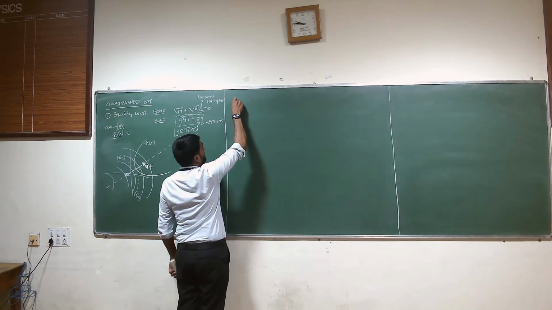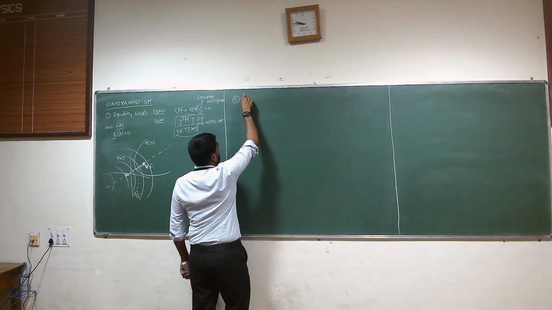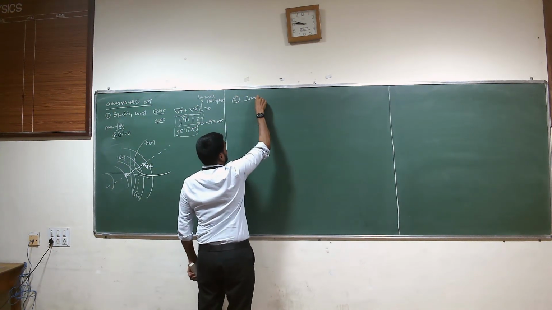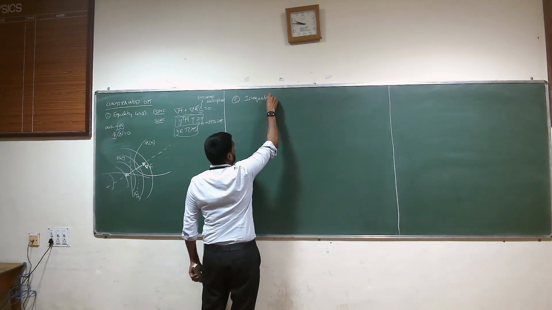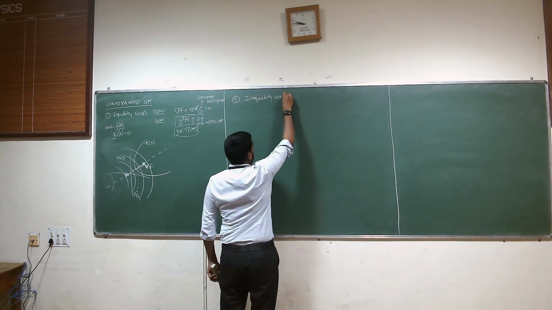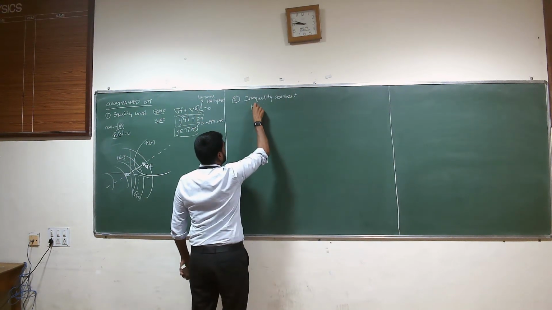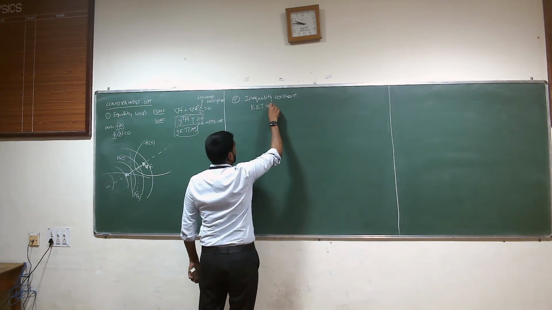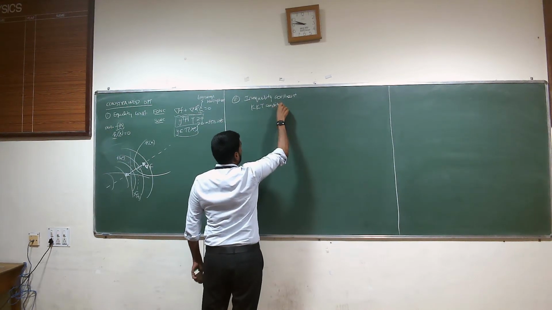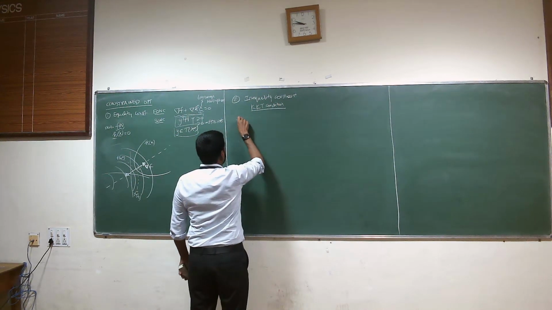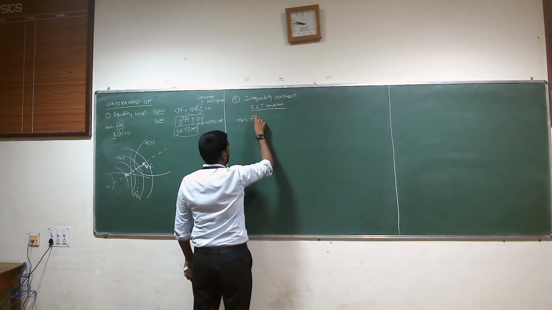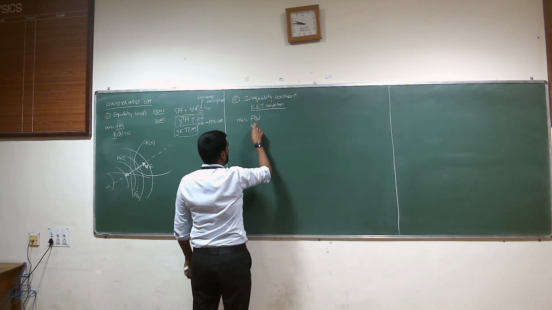And then we talked about the inequality constraint. The condition here was, so you're trying to minimize f of x.